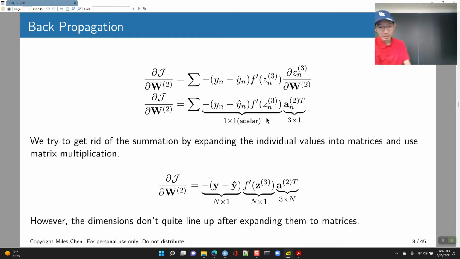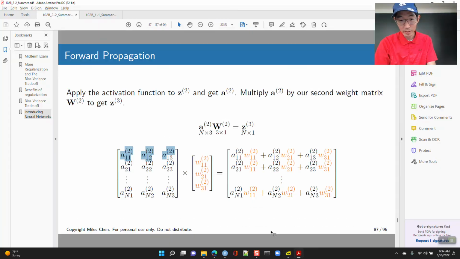Okay, A2 looks like this: A11, A12, A13, A21, A22, A23, down to AN1.